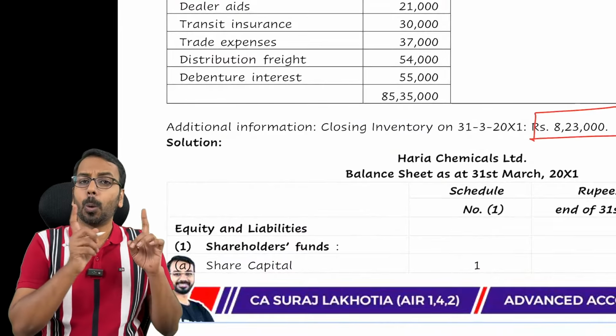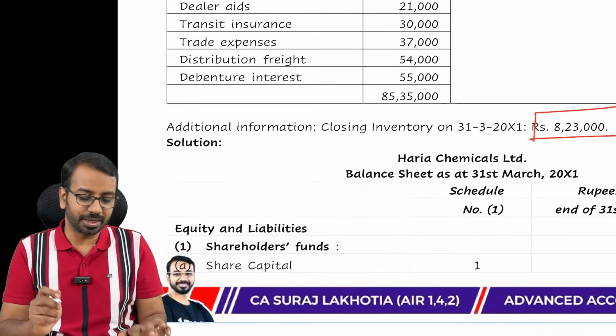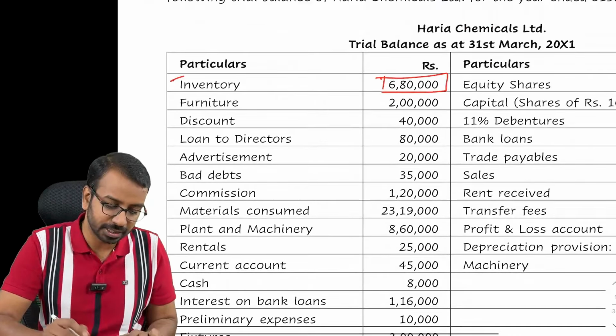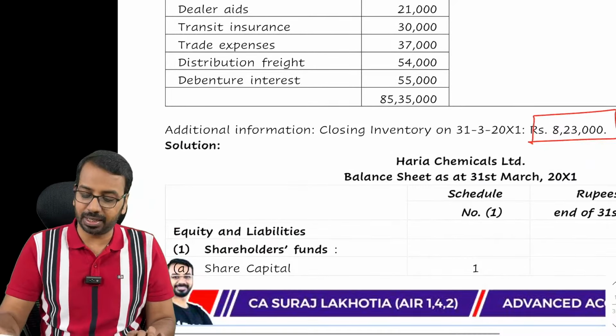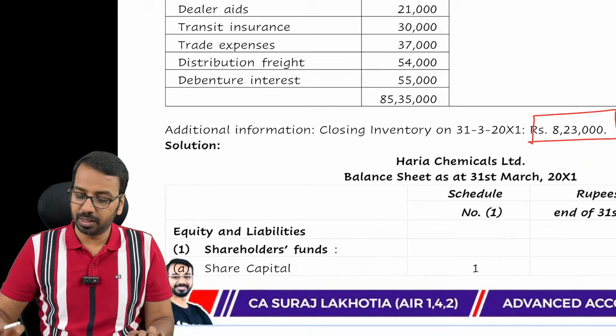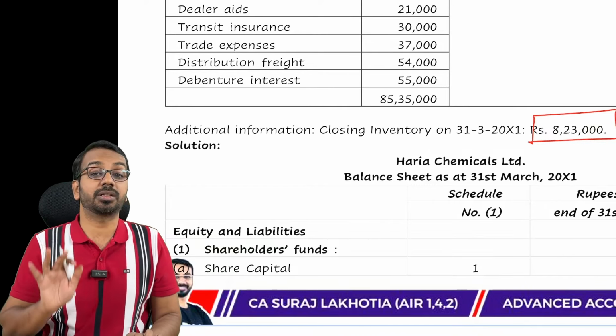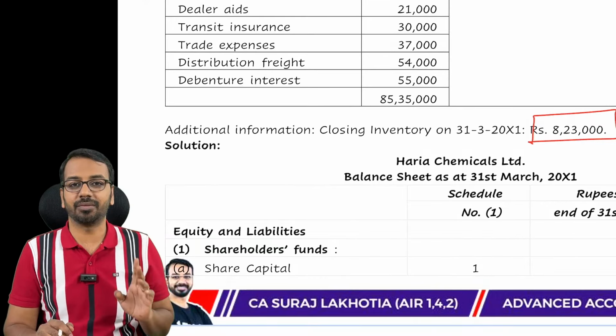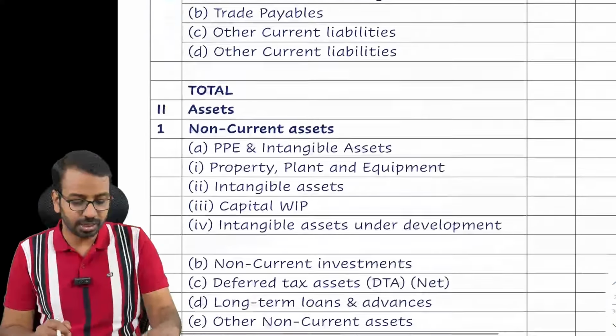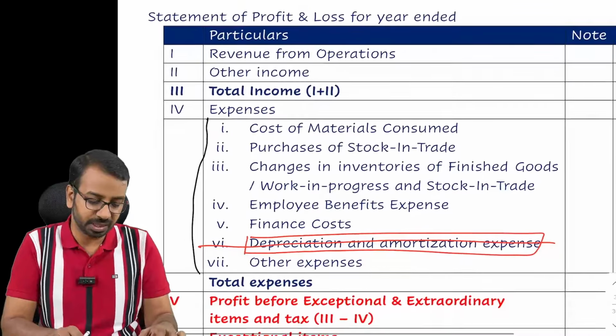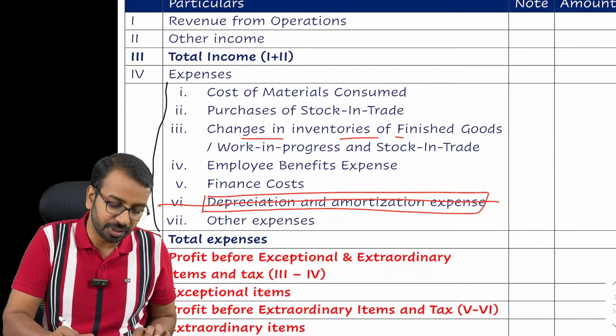What did I tell you? Opening inventory minus closing inventory. So opening inventory is 680, closing inventory is 823. 680 minus 823, when I do, I get minus 1,43,000. That is changes in inventory. Where do we plot it? Changes in inventories in the P&L. Here you can see changes in inventories of finished goods.